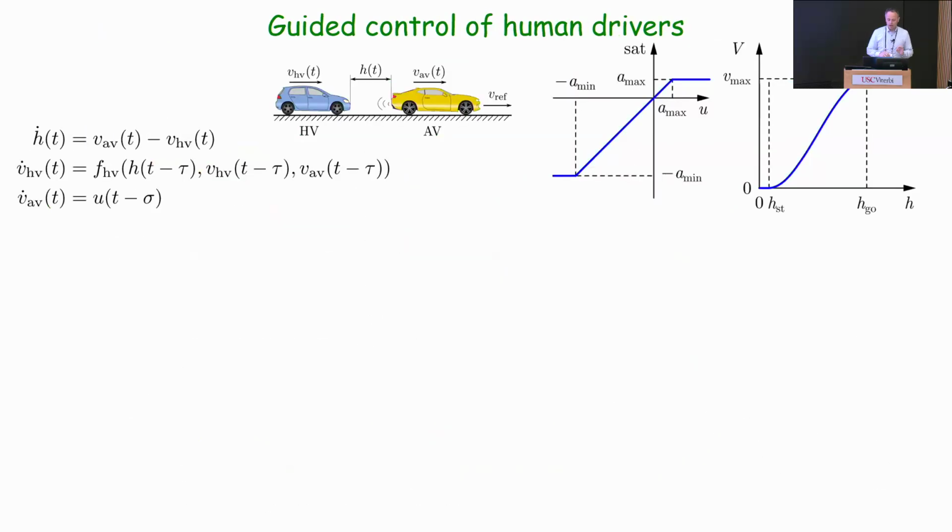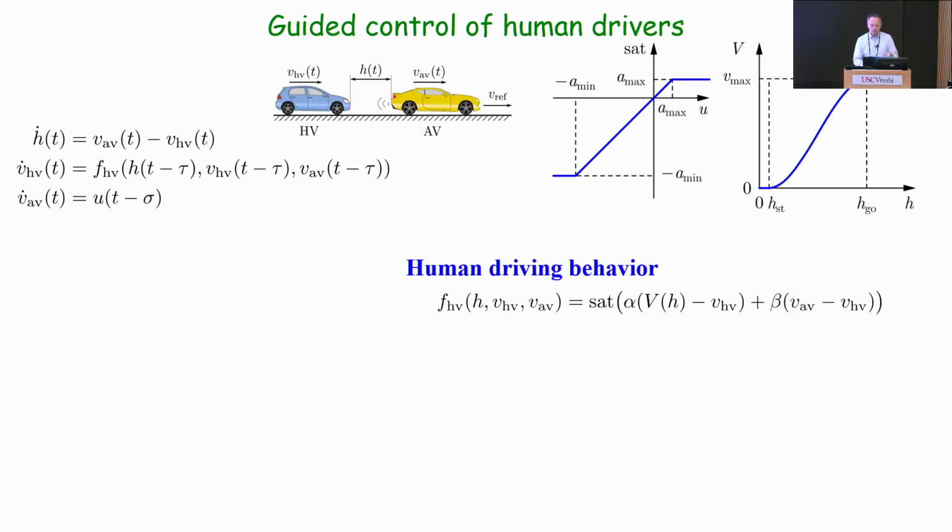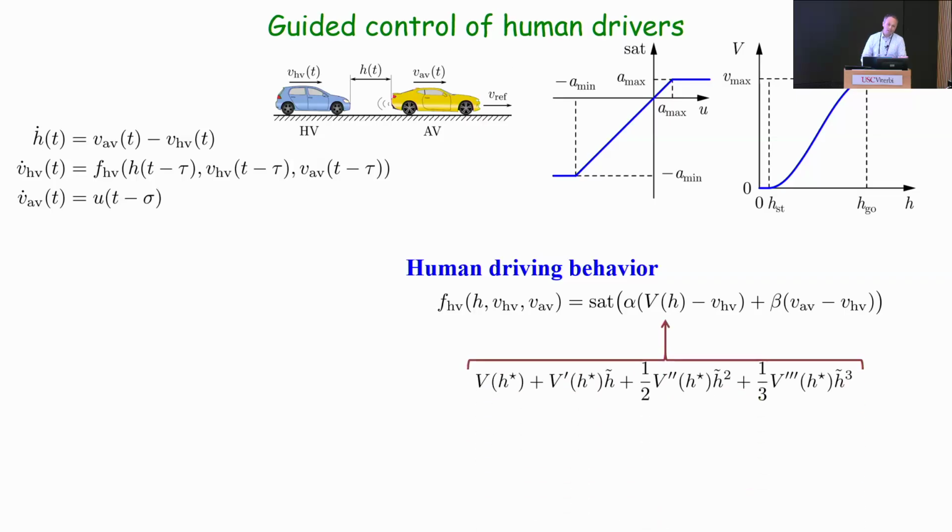So here, as I mentioned, this is more complex, so I'm not going to go through all these details. But basically what we did was we said, well, we need to have a model for the human. You can learn it from data, or you can set up a very simple model, like what we did here. And again, as I said before, we make it dependent on the velocity difference, right? So this was what the question was about, where is the h dot? It's actually there. And then you have to do a Taylor expansion, right?